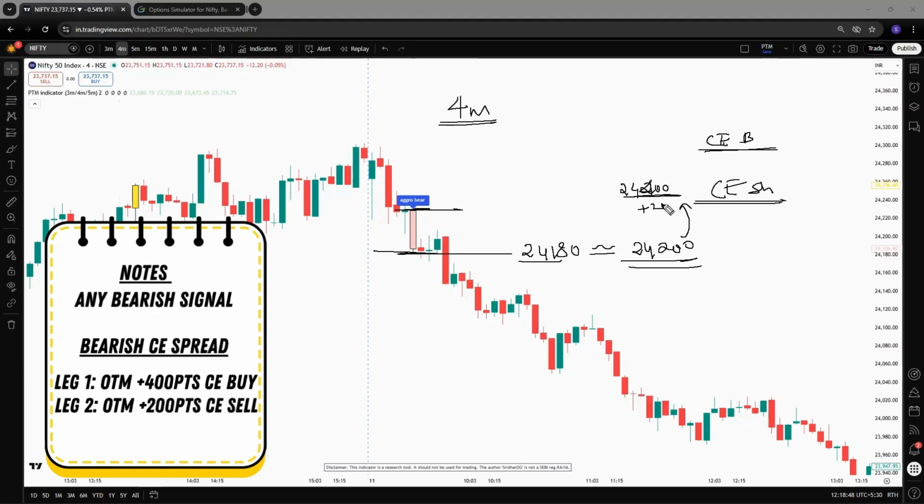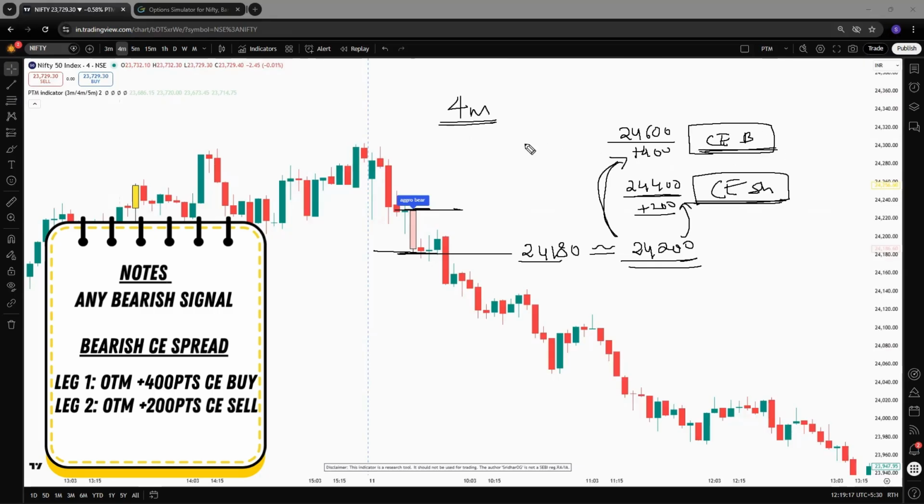So plus 200 points away, the 24,400 call option, I will short. Then 400 points away from the center, the 24,600 call option, I will buy. Simple.